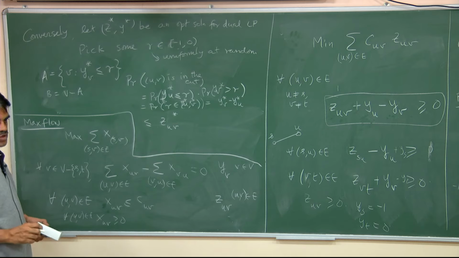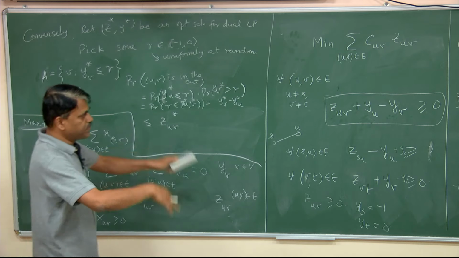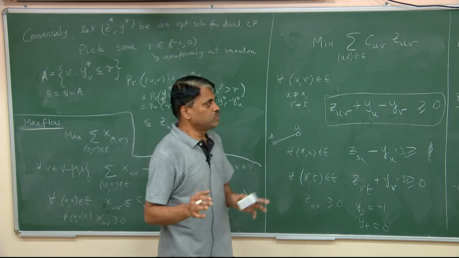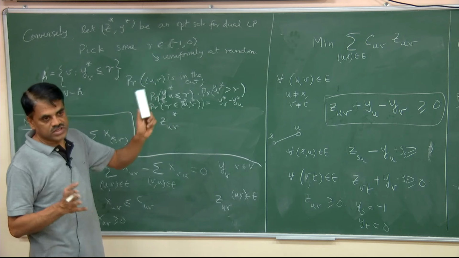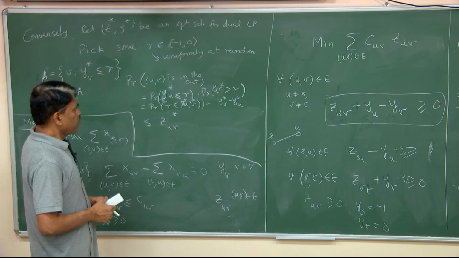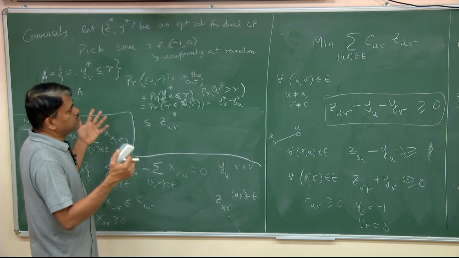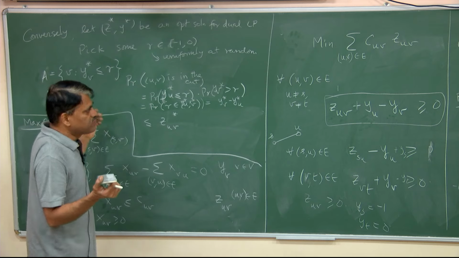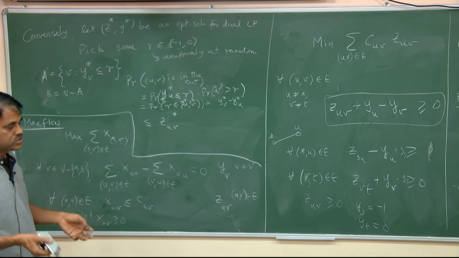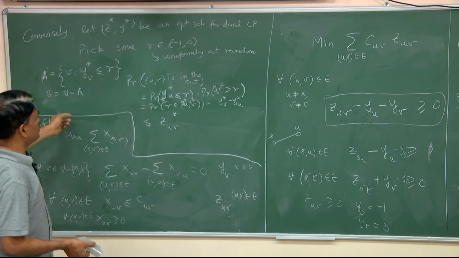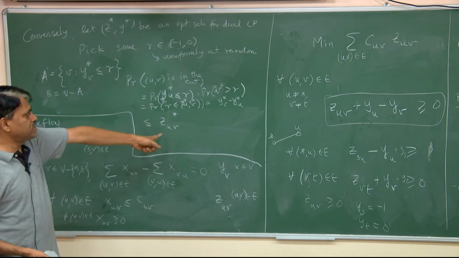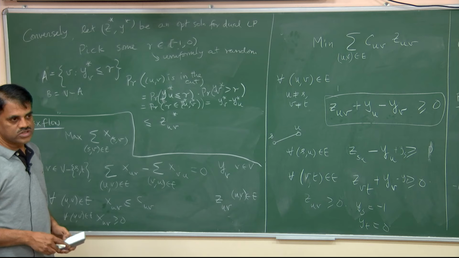Okay. So you're doing a random process. So you solve the LP, and I'm going to give you a cut whose value is less than or equal to the value of the objective function. That's what I want to show. I don't see an easy way of producing this cut, so let me do a random process. Pick a random value and split it like this. Then I show that the probability that an edge is in the cut is at most zUV star.